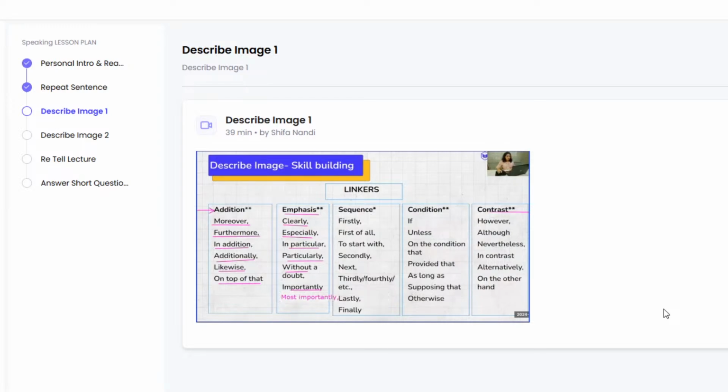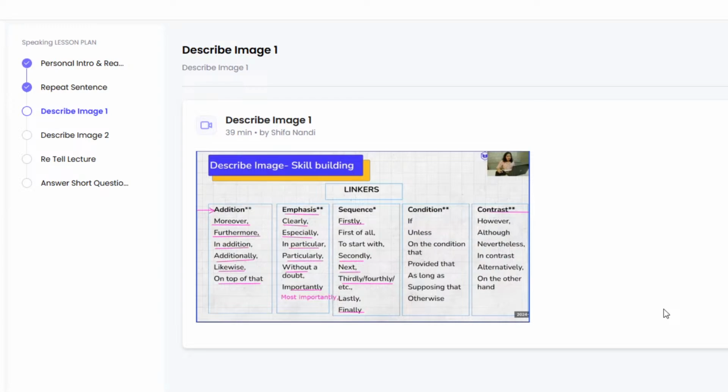Okay. And when you want to set up a sequence of points, then you could say firstly, first of all, to start with, or you could say secondly, next, thirdly, fourthly, lastly, finally. So all these words can help you set up a sequence, right?